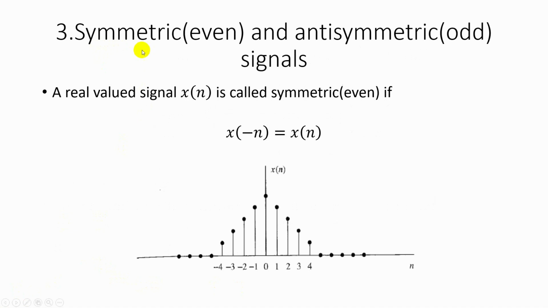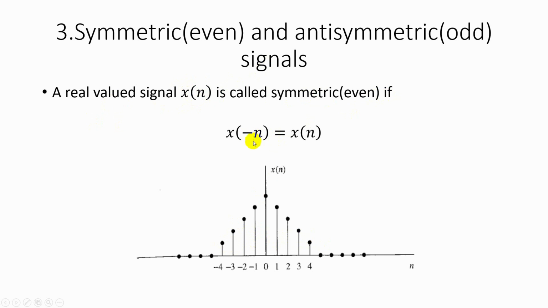The third classification of discrete time signals is symmetric and anti-symmetric signals, or even and odd signals. A real valued signal x of n is symmetric or even if x of minus n is equal to x of n.